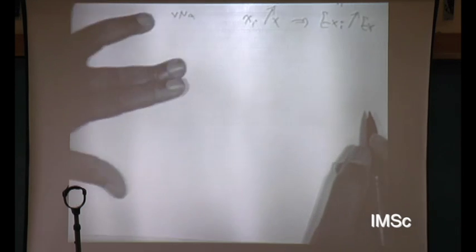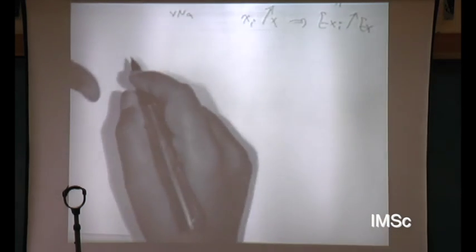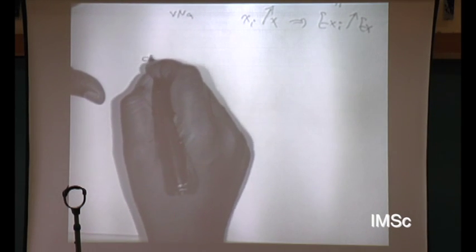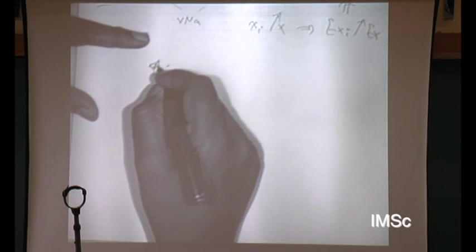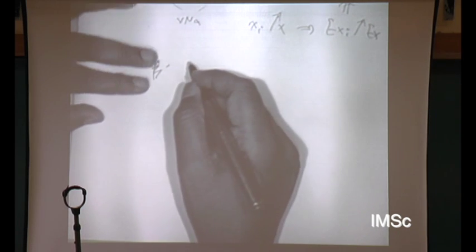Why is this criterion satisfied by functionals? And to say that E is normal, what should I check? I have to check that if phi in N star, okay, so let's see this.